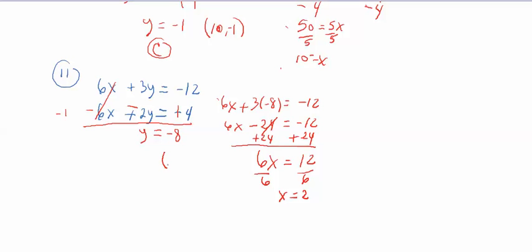So my ordered pair is 2, comma, negative 8. And if I look at my answer choices, that's letter B.